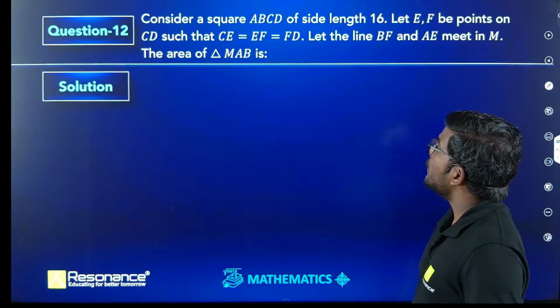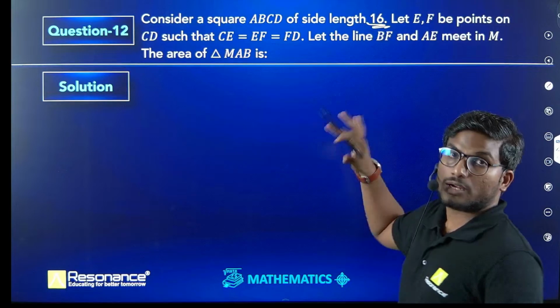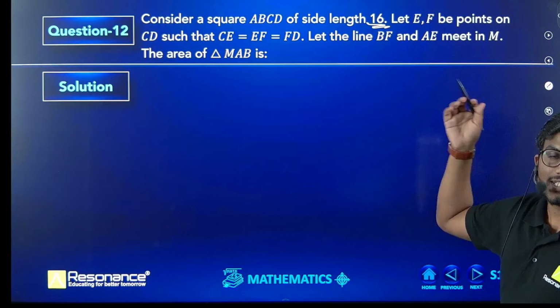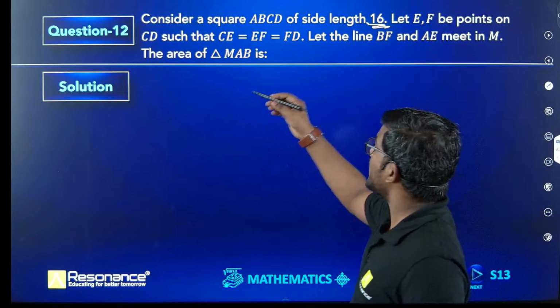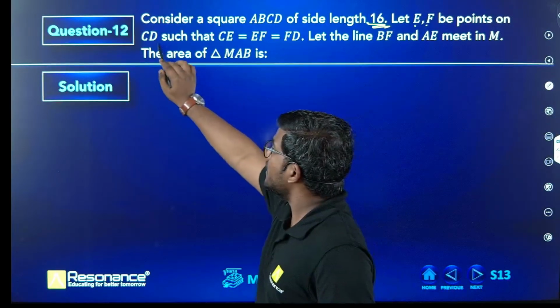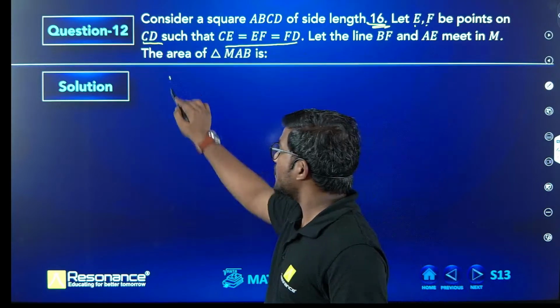So we're asked to consider a square ABCD of side length 16. Note down it's not area, because when it's given a square and 16, you look at 16 and think it's area. But let E, F be points on CD such that CE is EF is FD.